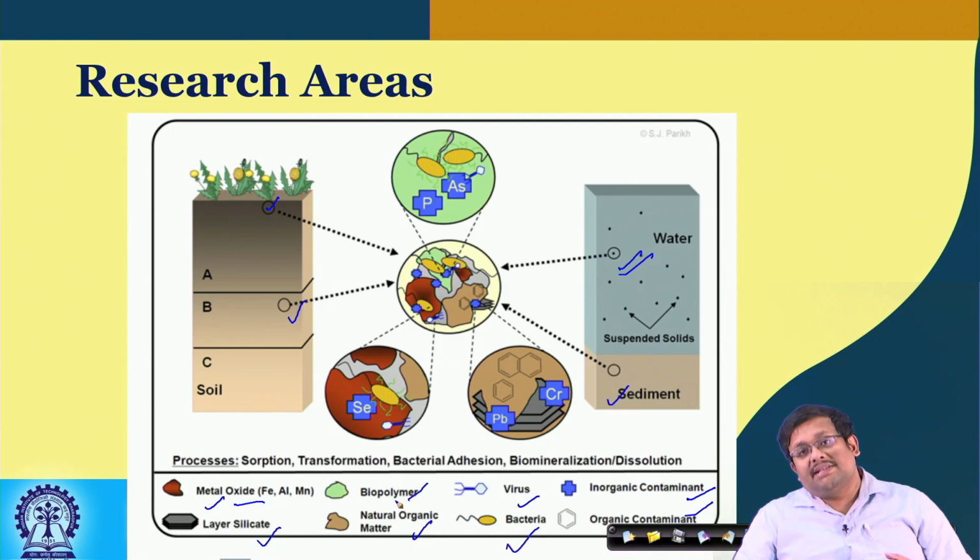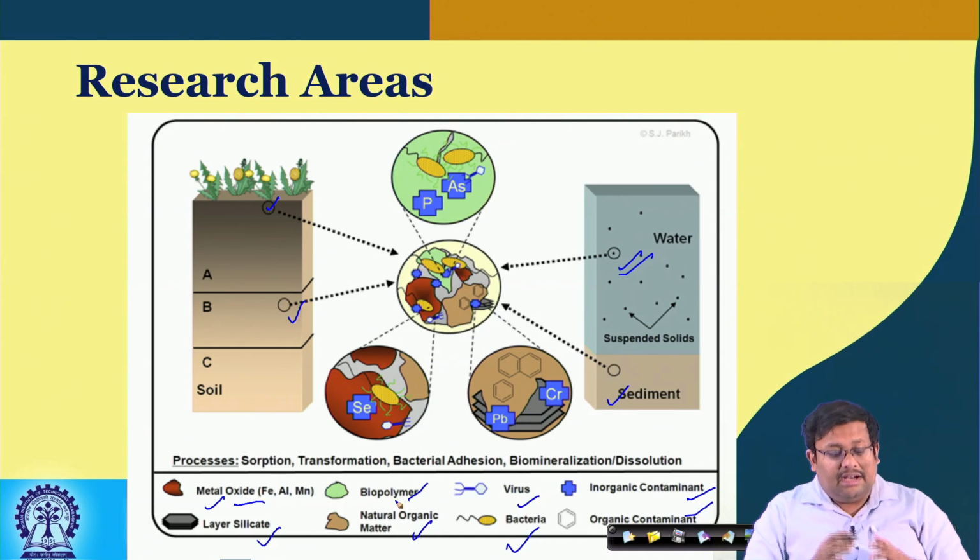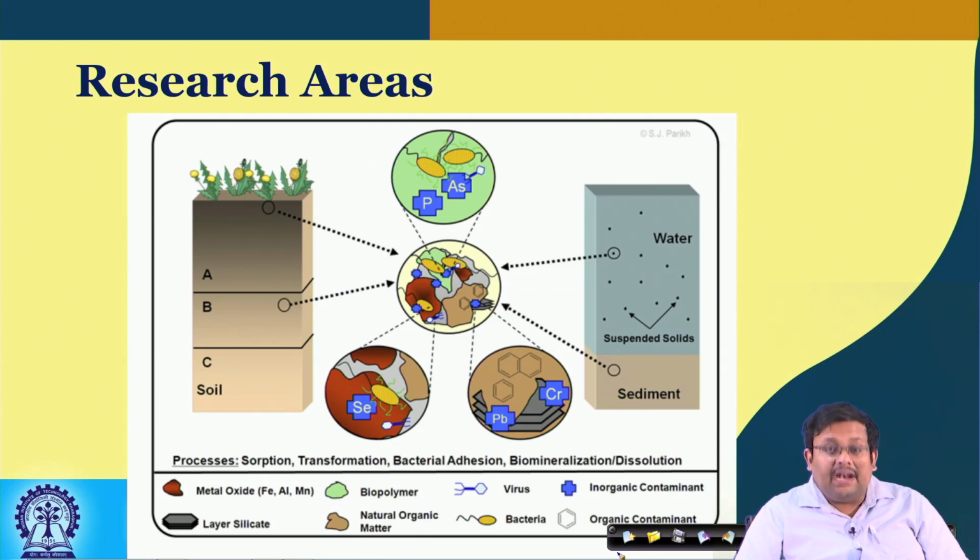All these processes are active in the soil, which basically governs the dynamics of these individual components. So, these are some advanced research areas in the environmental soil chemistry domain, and as the course progresses we will discuss other areas which have advanced applications of environmental soil chemistry.